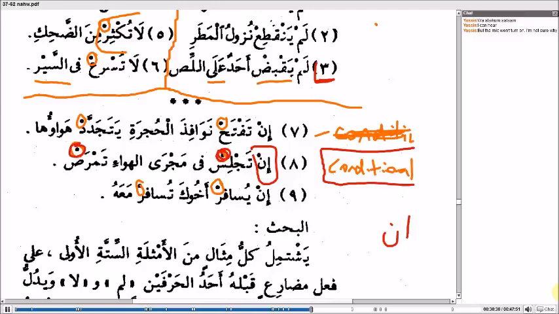Yeah, that's there, but the problem is there's no fi'l mudari after it, except kuntum, so it's not going to be the same. So the issue is trying to find it. I know it exists a lot, but off the top of my head, I cannot think of it.